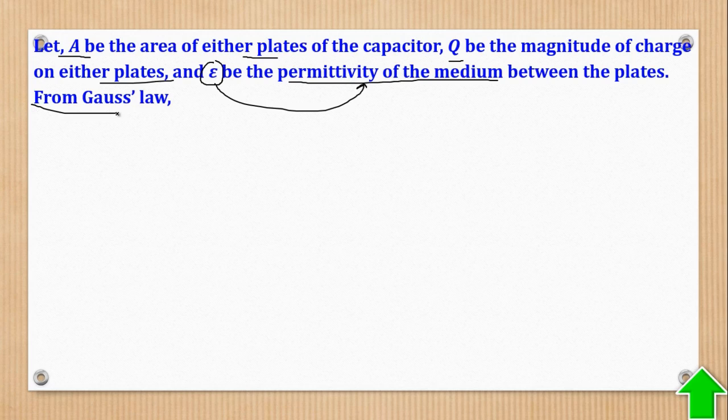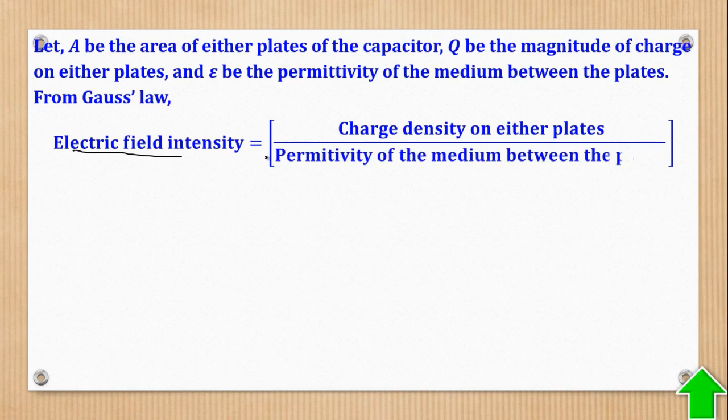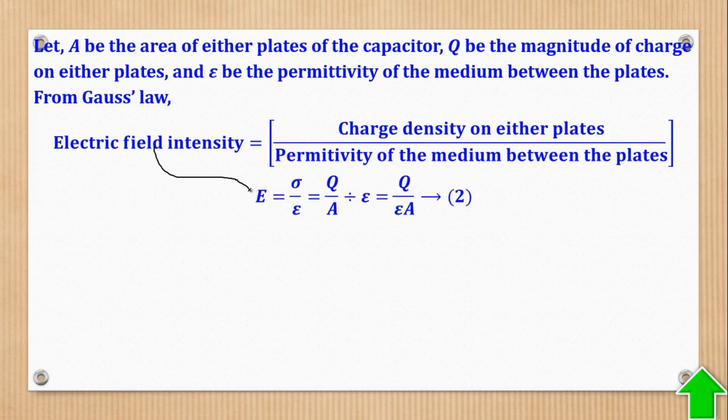Therefore, from Gauss's law, electric field intensity is equal to charge density on either plate over permittivity of the medium between the plates. So E is the electric field intensity, charge density is sigma, and permittivity is epsilon.